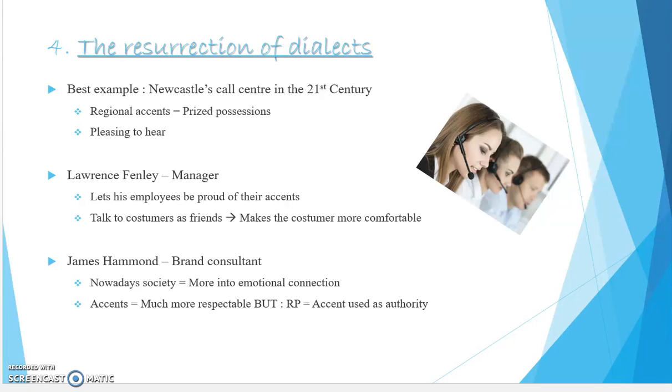The manager, Lawrence Fenley, thinks that talking to customers with such an accent is like talking to friends, and this will therefore mean that clients will feel more comfortable. An idea approved by his brand consultant, James Hammond, saying that today's society really works through emotional communication. It's therefore better to use an accent to make someone feel comfortable instead of using the authority of RP.